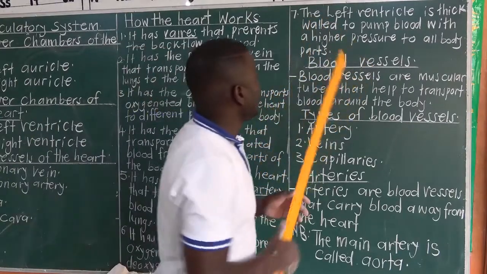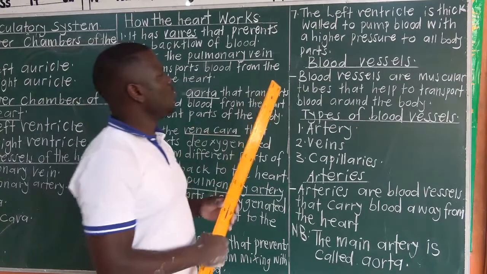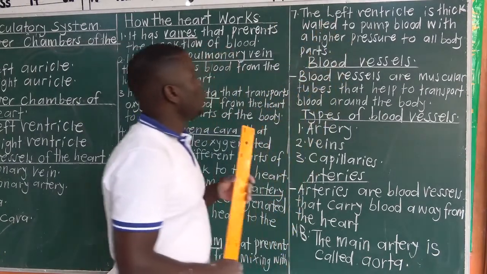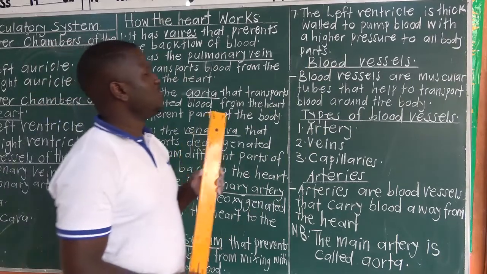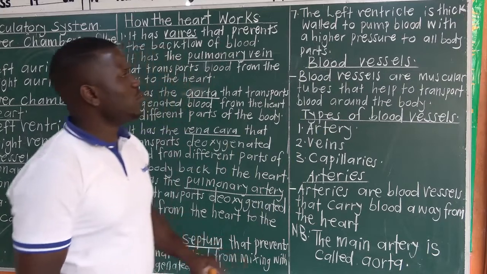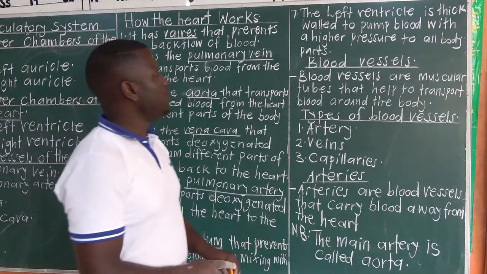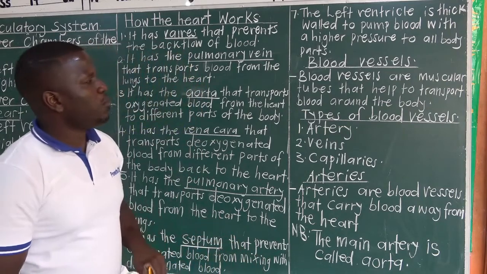So the question is, why is the left ventricle thick-walled? The left ventricle is thick-walled to pump blood with a higher pressure to all parts of the body.